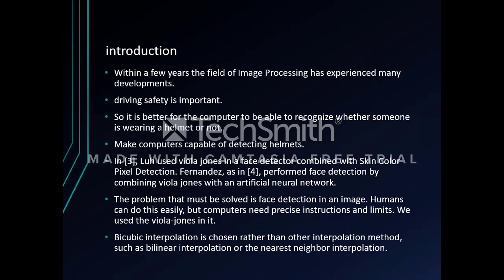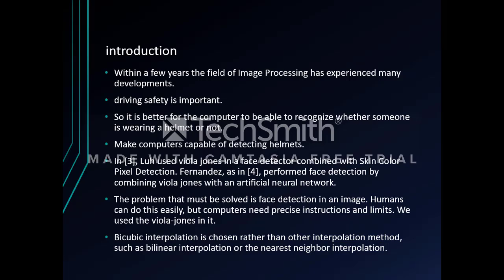Bicubic interpolation is chosen rather than other interpolation methods, such as bilinear or nearest neighbor interpolation, because nearest neighbor is too simple: it only copies neighboring pixels without considering them, so it doesn't have much effect in image resampling. It is appropriate only when the sample function is constant.